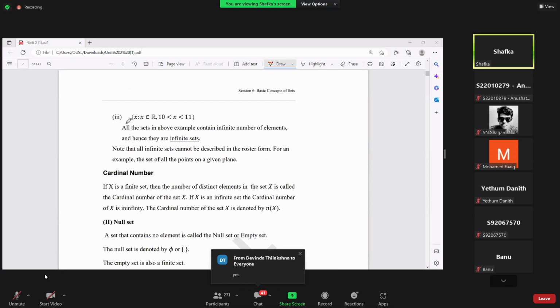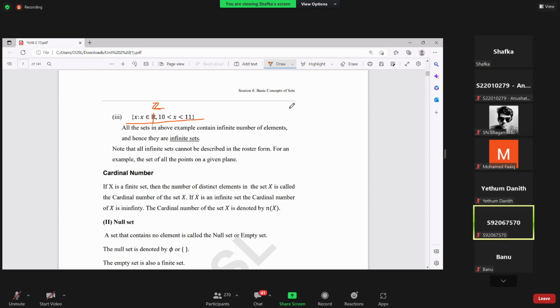Then here you have the same kind of example. X is a real number in between 10 and 11. There are many. Okay. There are many real numbers in between 10 and 11. And if you replace this by capital Z, integers, how many elements are there?